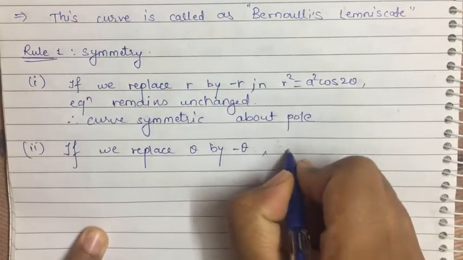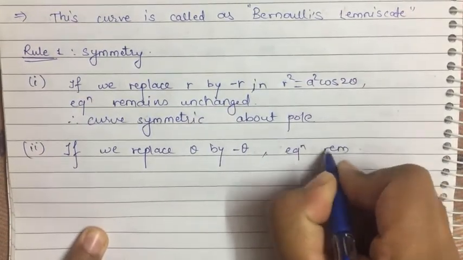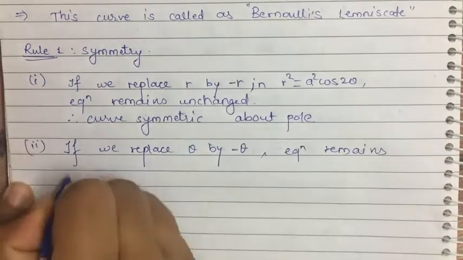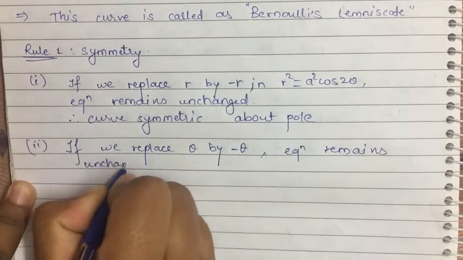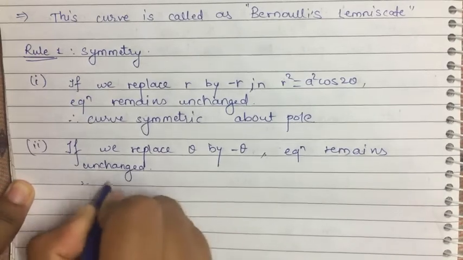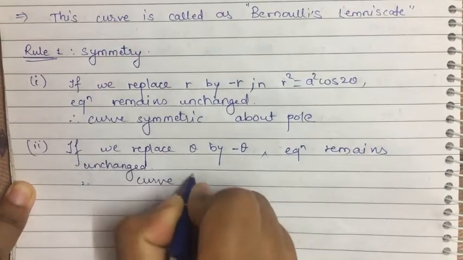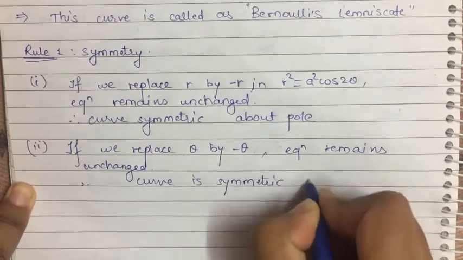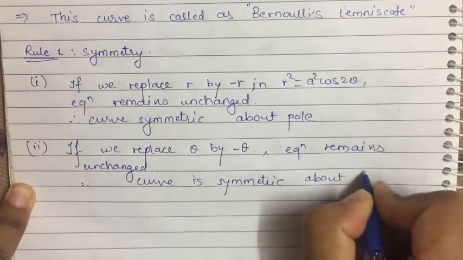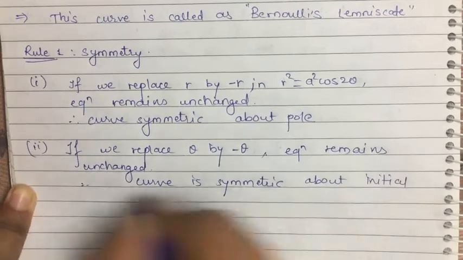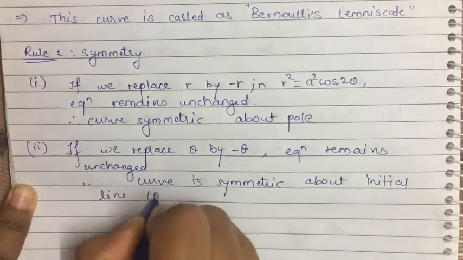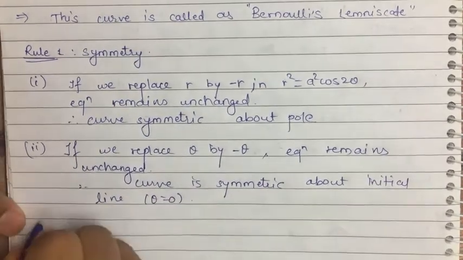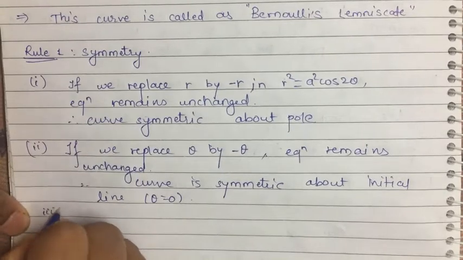Therefore the equation remains unchanged. Therefore the curve is symmetric about initial line. Initial line means theta equal to 0, that is in Cartesian form we can say x-axis.